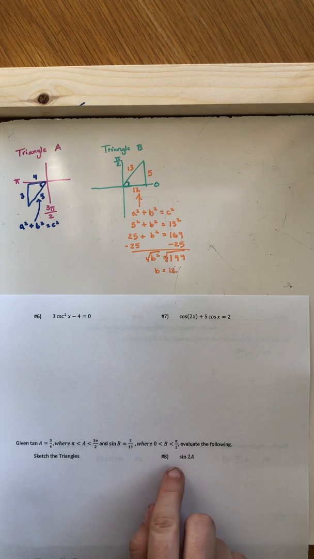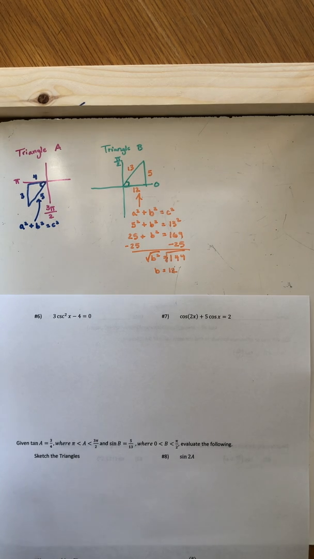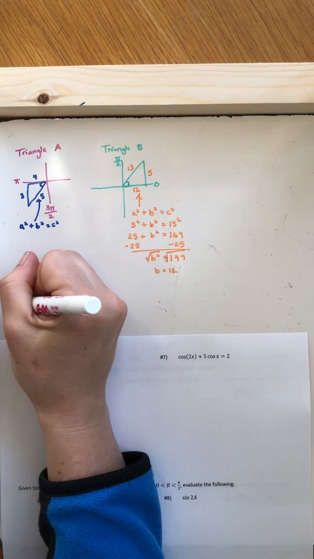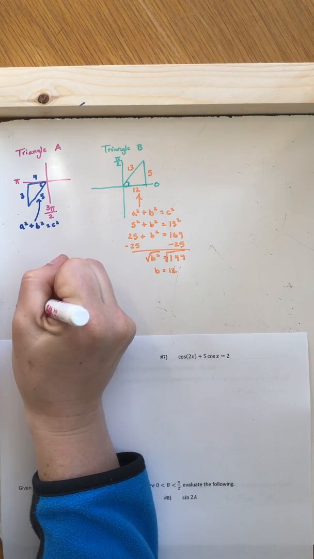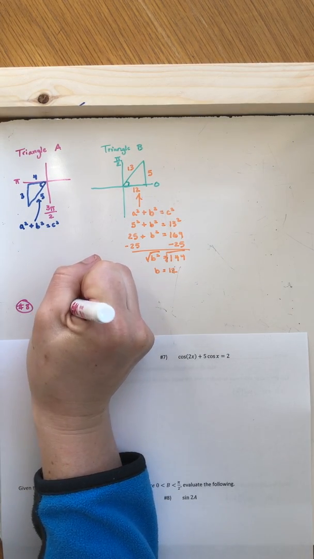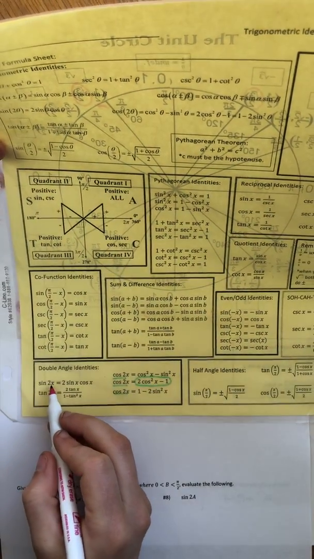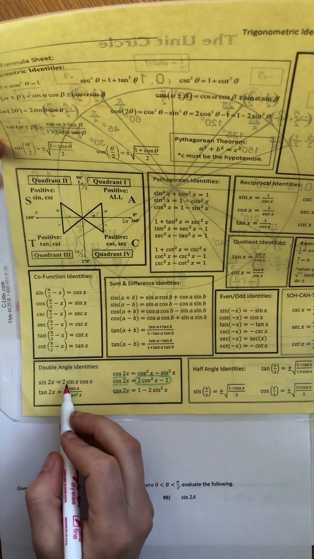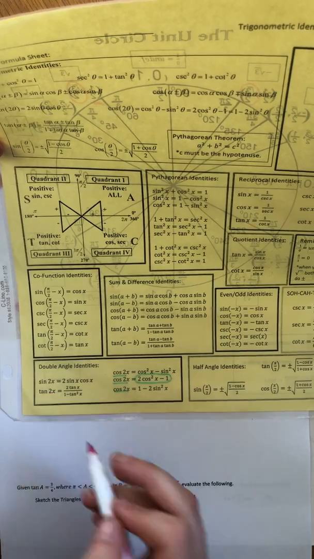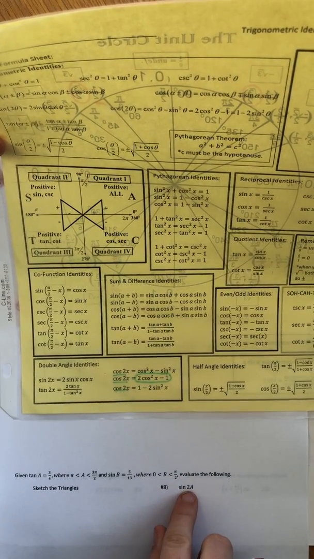So if I'm trying to find, for number 8, the sine of 2a, the sine of 2x formula is 2 sine x cosine x. But we replace the x with the a that's here.